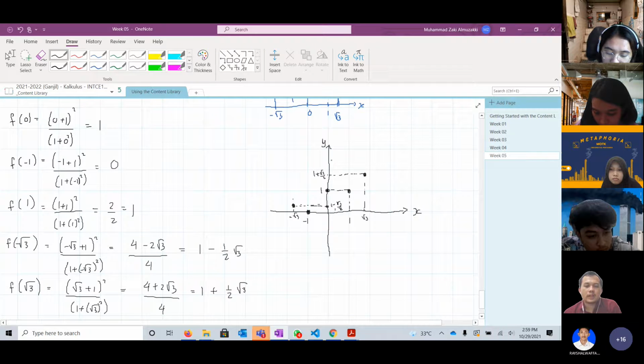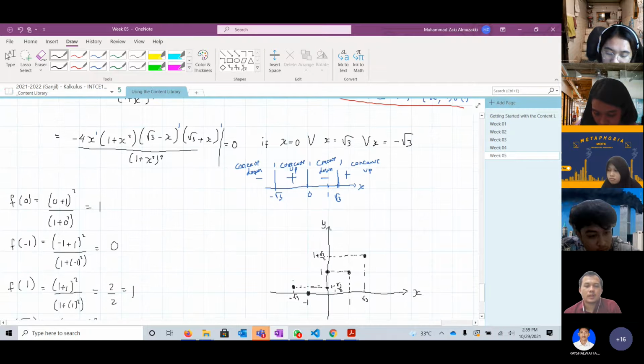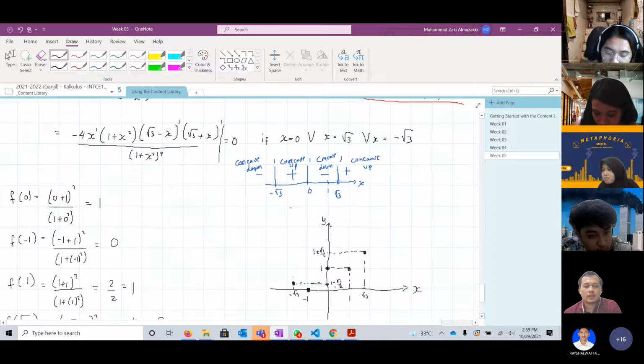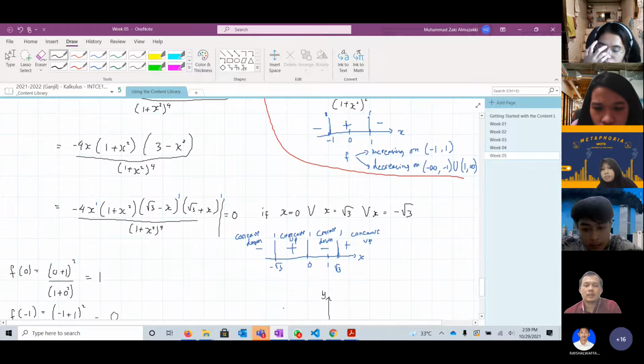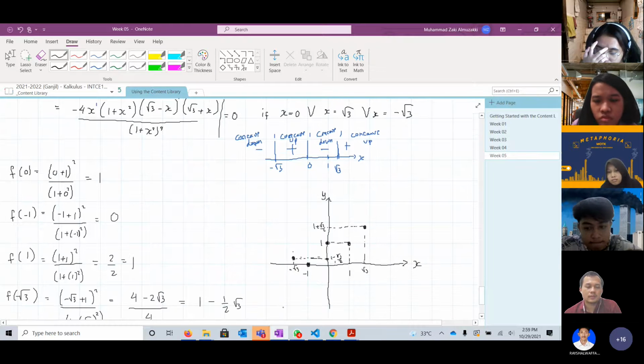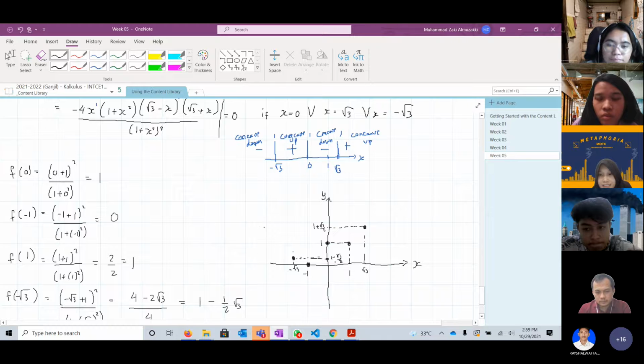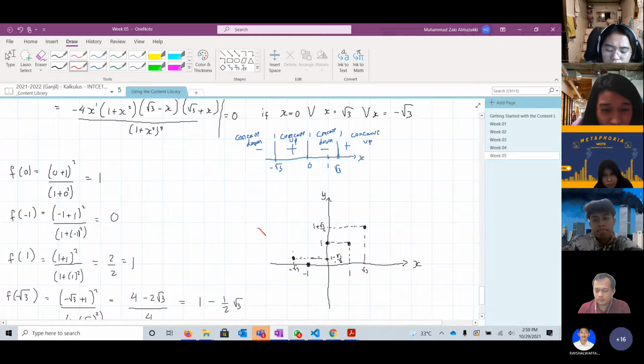Then now we can draw it. Yeah. Concave up, concave down up to minus square root of 3, and decreasing. Concave down and decreasing, so it should look like this. Let me use the red lines. So it should look like this.